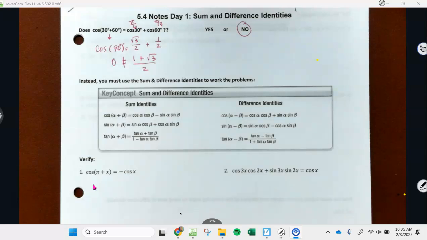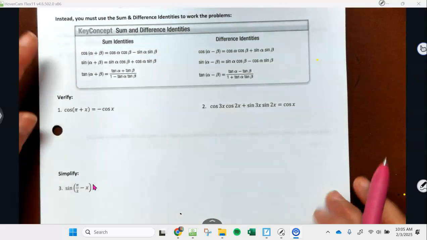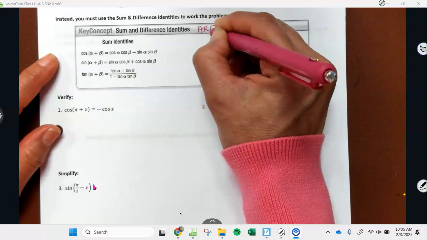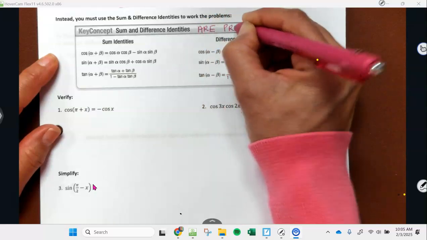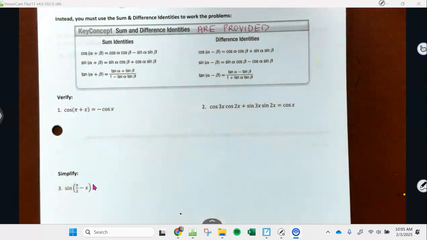So if that's not the same thing, guys, we're going to have to use these identities. So please remember, these identities are provided. You do not have to memorize these. And they're just useful tools for us to be able to verify, to simplify, and to solve equations.